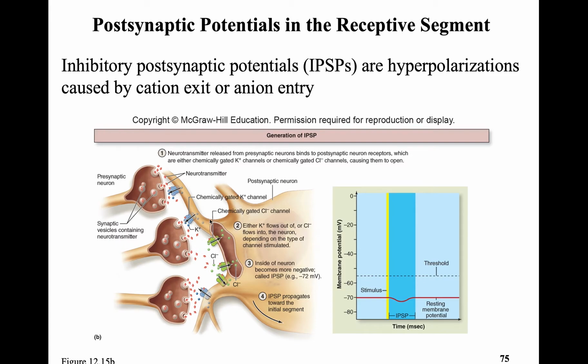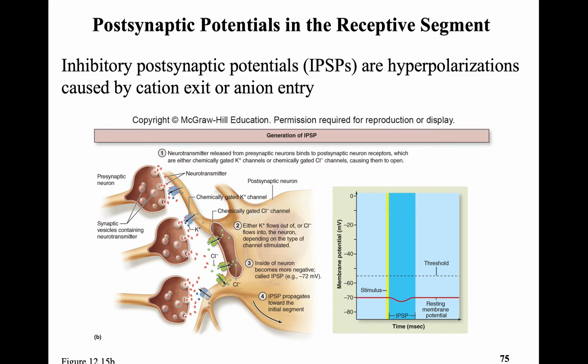It allows potassium to leave, and if you recall, potassium is what charge? Potassium is positive. So if positive potassium leaves the cell, it's going to make the inside of the cell more negative. So as potassium leaves, it's going to make the inside of the cell more negative.